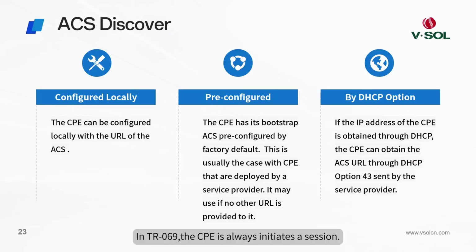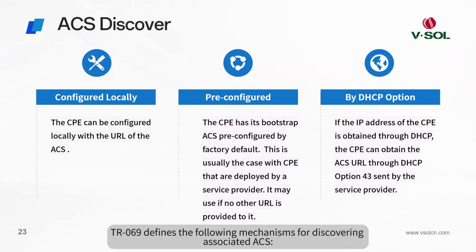In TR-069, the CPE always initiates a session. When making first contact with an ACS, how does it know the ACS URL it is supposed to contact? TR-069 defines the following mechanisms for discovering the associated ACS.